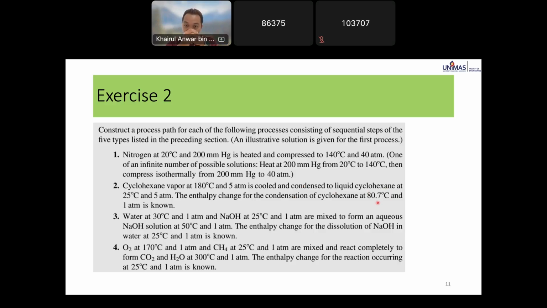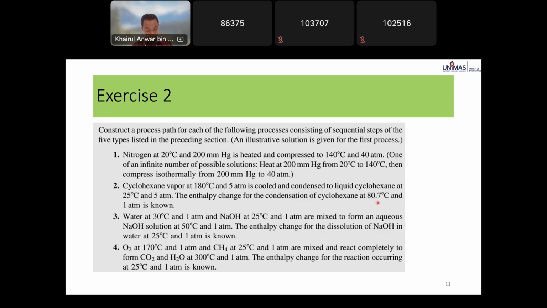First thing you need to do is to cool the cyclohexane vapor. You cannot simply change the phase from vapor to liquid, but you need to reduce the temperature to 80.7 degrees C. So in this case, 80.7 degrees C is the temperature you see, the critical temperature.